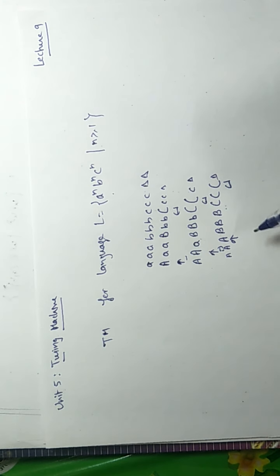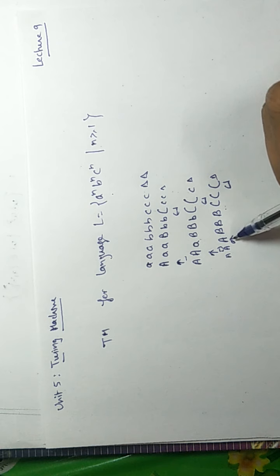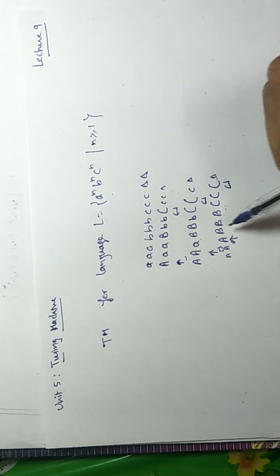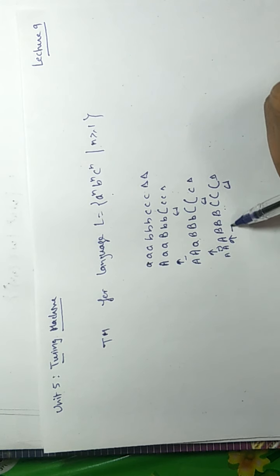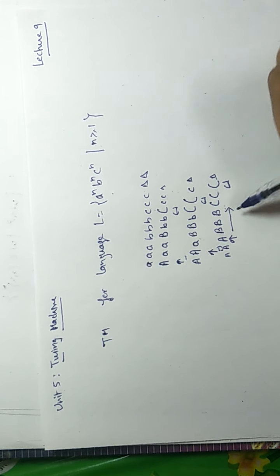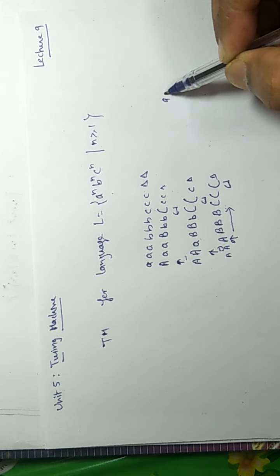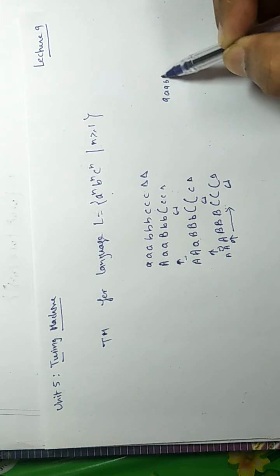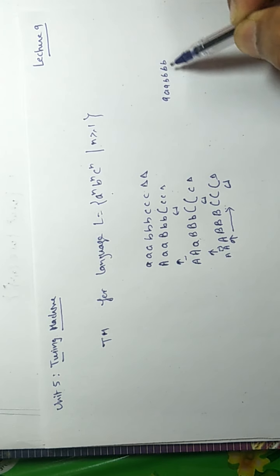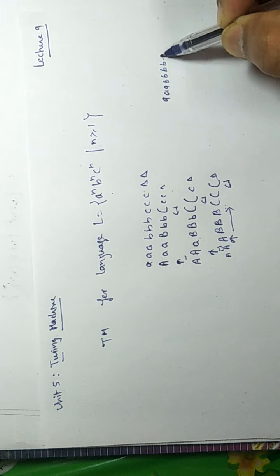So at last we will not get small a in the right of capital A, we will get capital B. So we will check whether all b's are capital B's here, because the input may be like this, where we have some more b's.